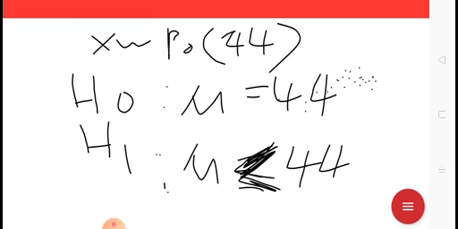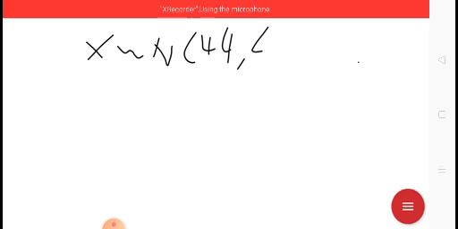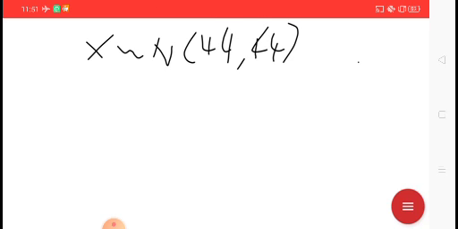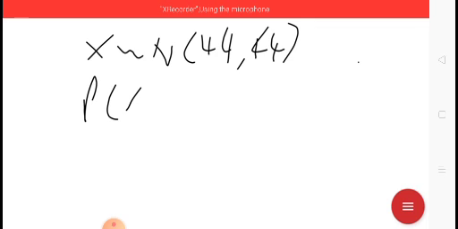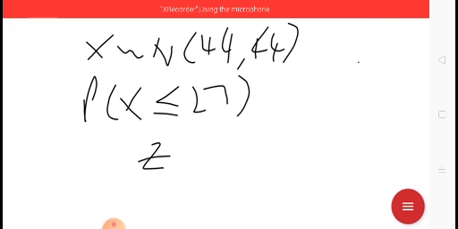So you may form the new parameter that you have, 44 and 44. And what you need to find is P(X ≤ 27), right? Because repellent means the lower side.